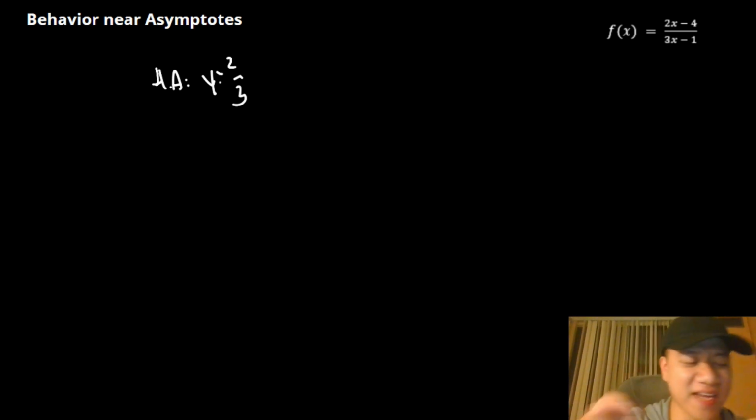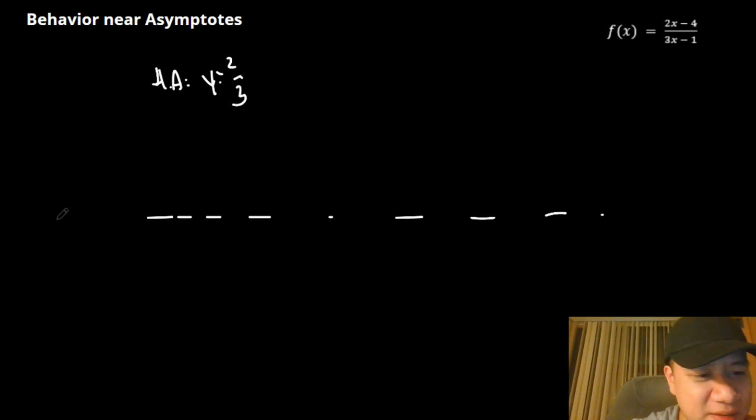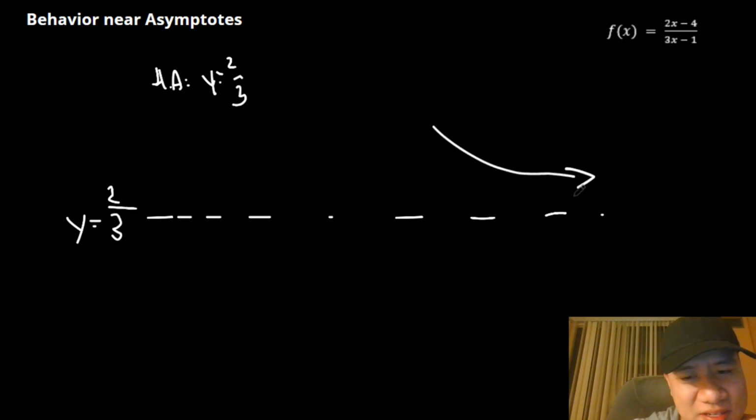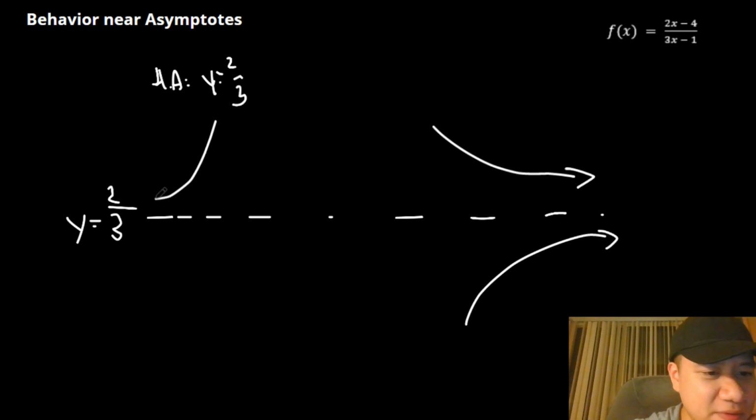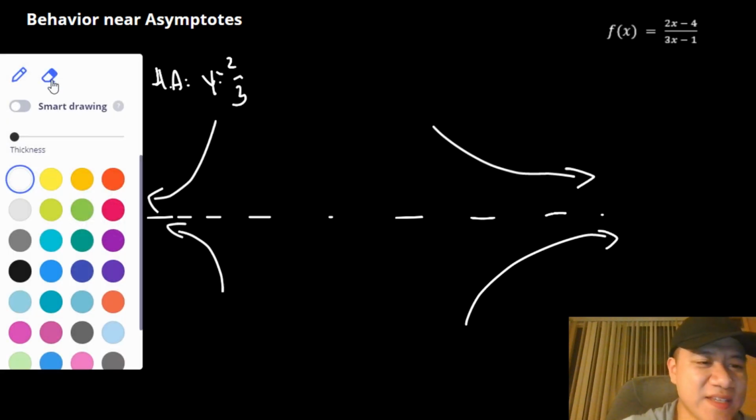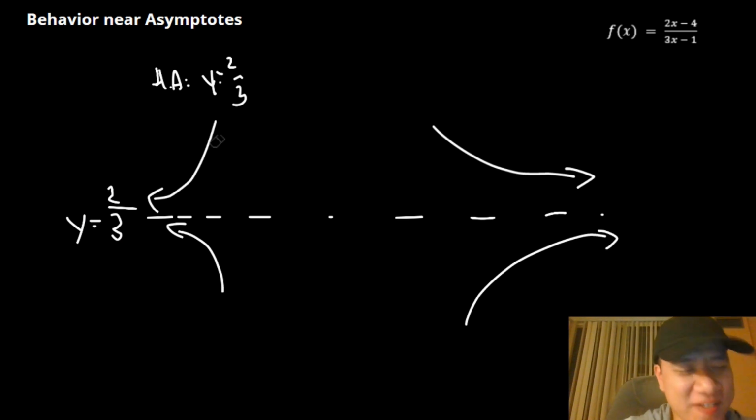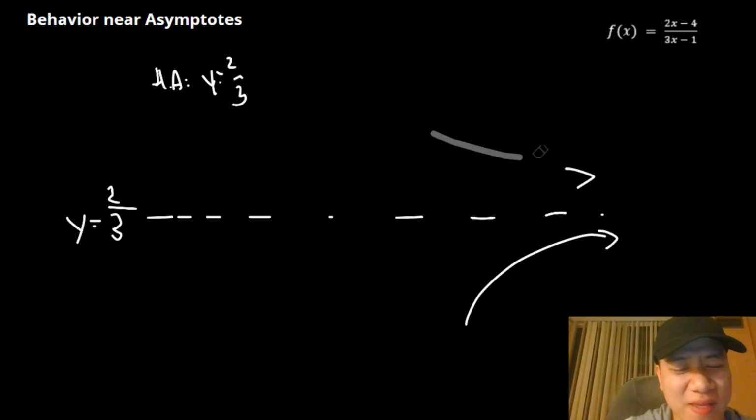So the process is exactly the same, just like before. We just have to figure out if our function is going to come from above the horizontal asymptote or below the horizontal asymptote, and similarly from the other side, is it going to come from above or from below? So just like before, we can substitute a really big positive number or a really big negative number.